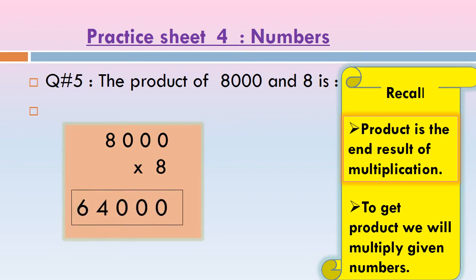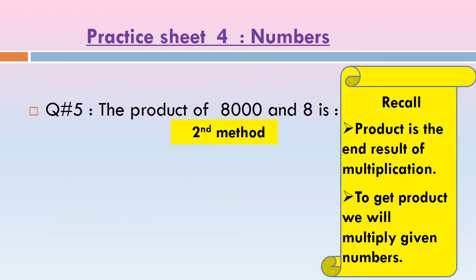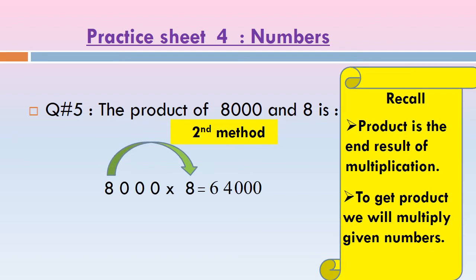And here is another method to solve these. We can multiply them horizontally also. Firstly, we will multiply the 8 of 8,000 with 8. 8 8s are 64, and the 3 zeros of 8,000 will come with 64 as it is, and it becomes 64,000.